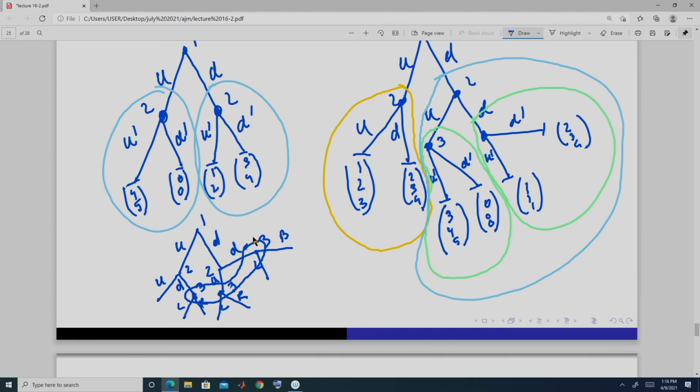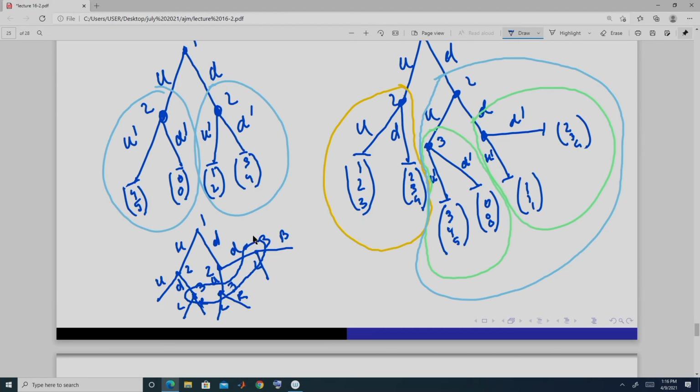Here player 1 moves, it can choose either U or D, then player 2 moves, it can choose U, D. If it is here, player 2, if it chooses D, then player 3 can make a choice. Again, player 2 here can choose either U or D, and then player 3 can choose from here.